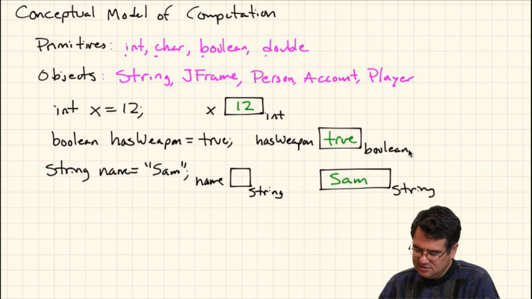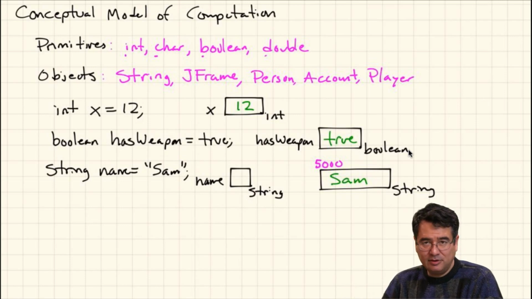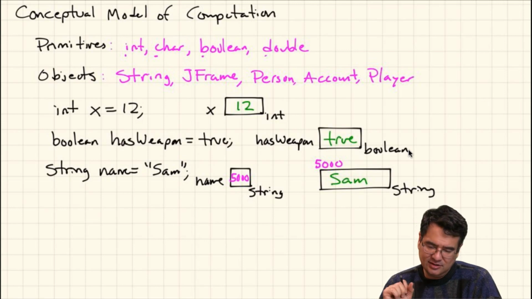Let's say it exists at memory location 5000. So the S is at memory location 5000, the A is at 5001, the M is at 5002. So that's somewhere in the computer's memory. And so inside of that box over on the left-hand side is the number 5000. So the variable that you would think of as holding the string actually just contains a number. It contains the memory address of where the string actually lives in the computer.